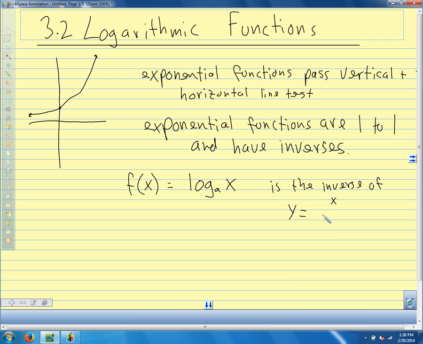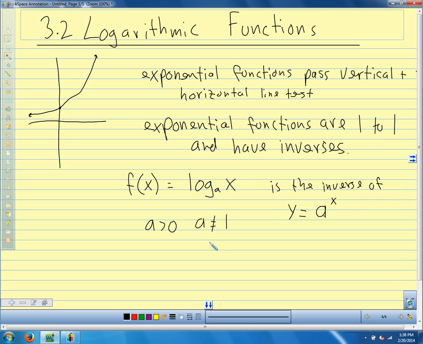So that's our inverse function, this logarithmic function. We call this a logarithmic function. And again, we're saying that a is greater than 0, so our base is positive. Our base is not equal to 1, because that doesn't give us a very interesting function.